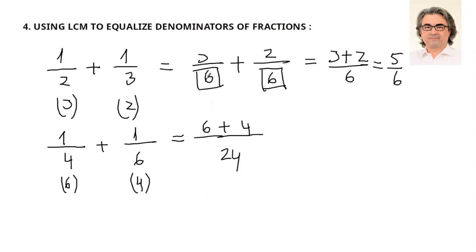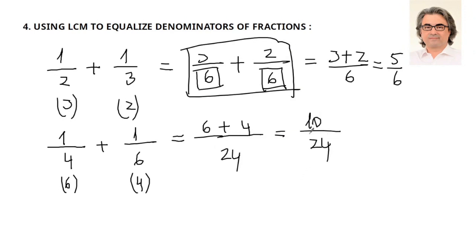I wrote the denominator only for one fraction. I skipped this step for the second example. Now 6 plus 4 is 10. 10 over 24. What about 10 over 24? You may simplify. If you divide both numerator and denominator by 2, 10 over 2 is 5, 24 over 2 is 12, as you see.